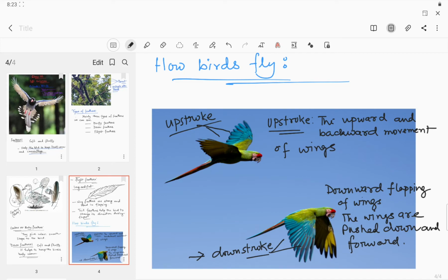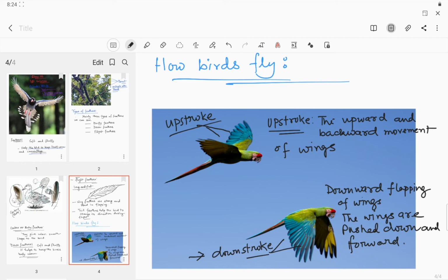Hummingbird, a very little bird, can flap its wings 90 times in just 1 second. So think how fast it is, right?